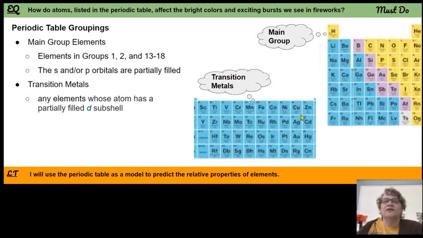And then there are the transition metals, which are the set in between that separate the two main group elements. So now you should be able to use the periodic table as a model to predict the relative properties of elements.